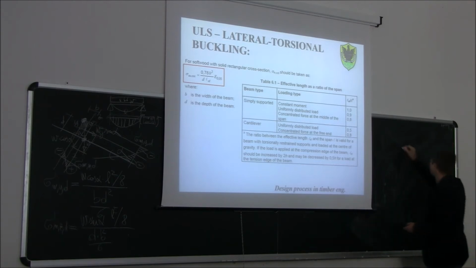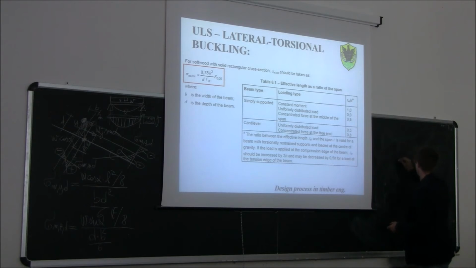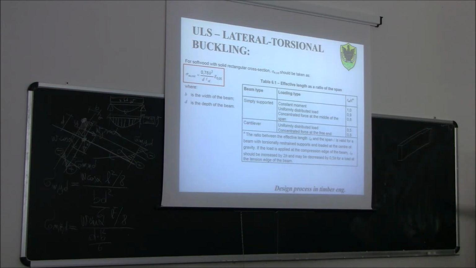When you have a beam, if this is the beam, the beam should be torsionally restrained at the support. What does it mean, torsionally restrained at the support? What kind of restraint do I need to have to comply with this?